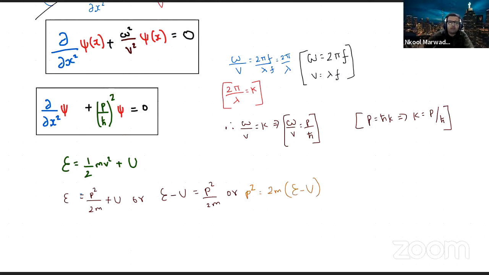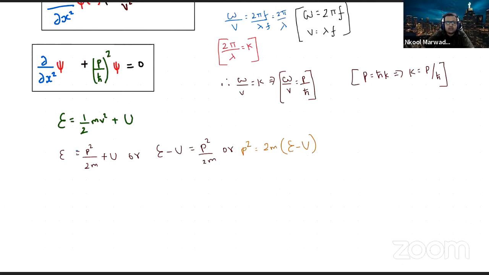And that is what we will be plugging into the equation. Instead of p square, we can plug in 2m times E minus u.